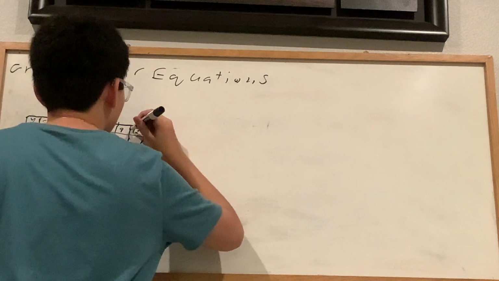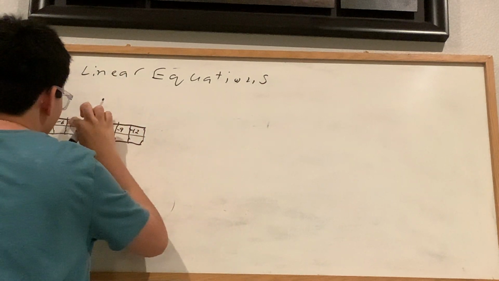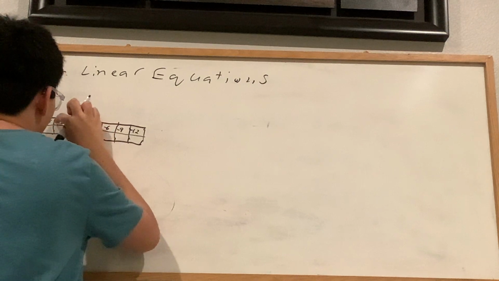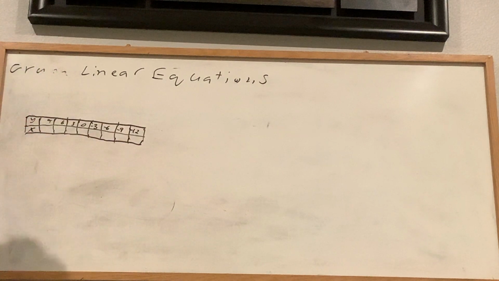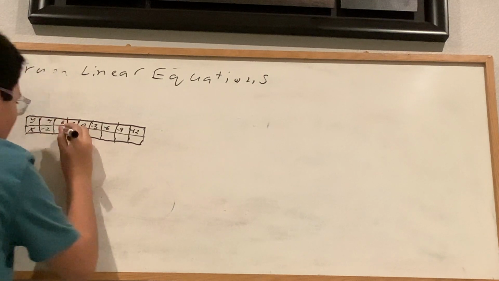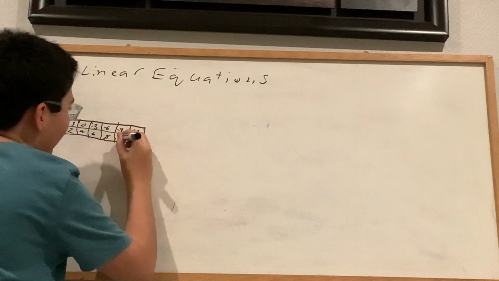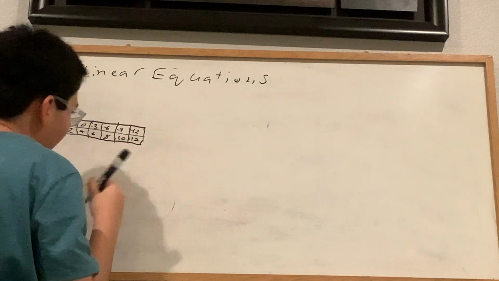Watch, here's what I'm going to do: -, -, 0, 3, 6, 9. There we go. Now our x's are going to be the opposite. Now we're going up, so this is going to be -2, 0, 2, 4, 6, 8, 10, and we end up with 12, but positive.